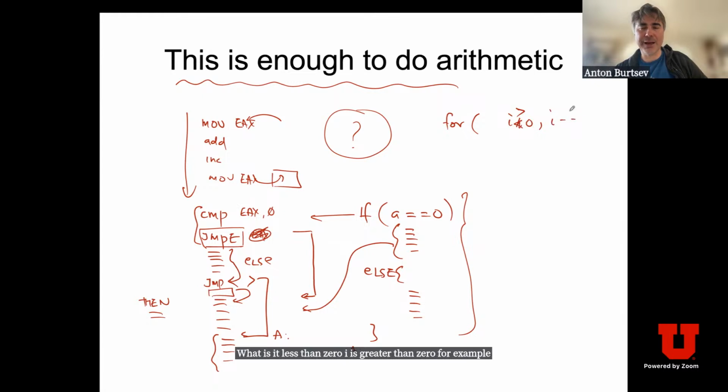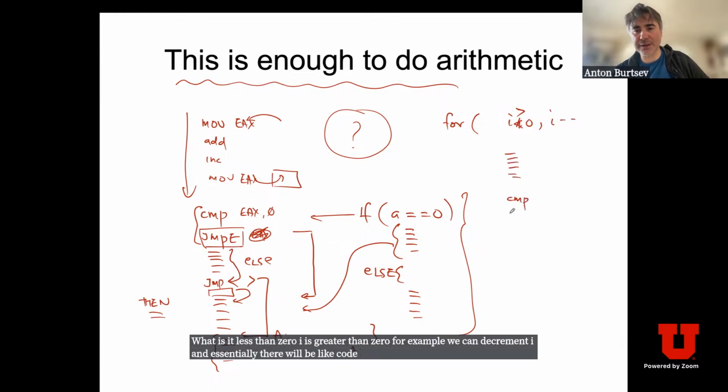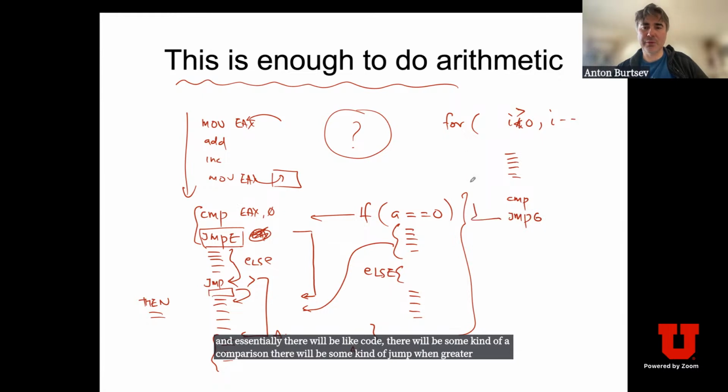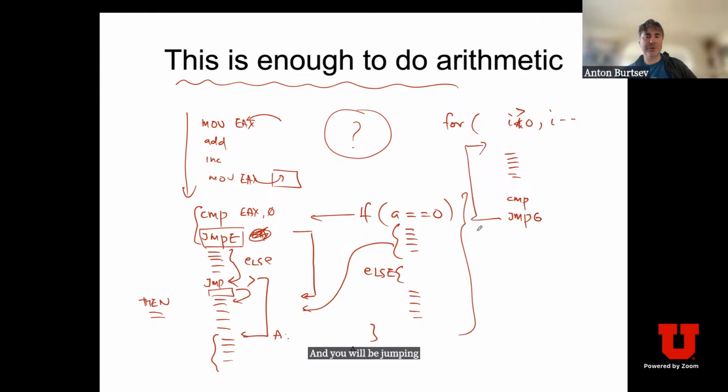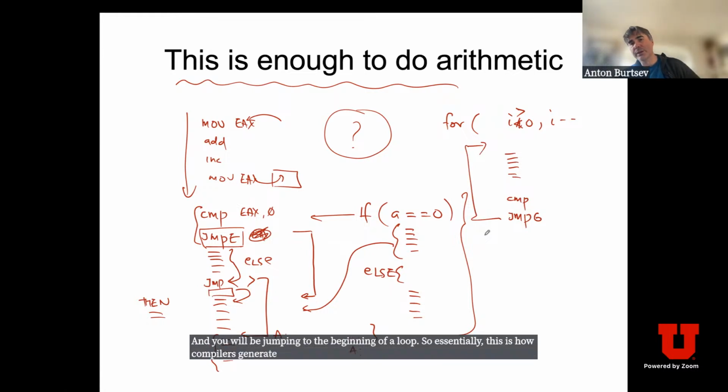We can decrement I, and there will be some kind of comparison, some kind of jump when greater, and you will be jumping to the beginning of the loop. So this is how compilers generate this code. And we'll take a look at the disassembly of simple programs to confirm our understanding of how it works, right?